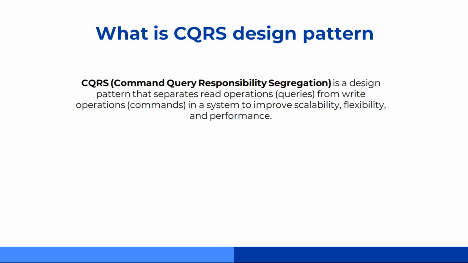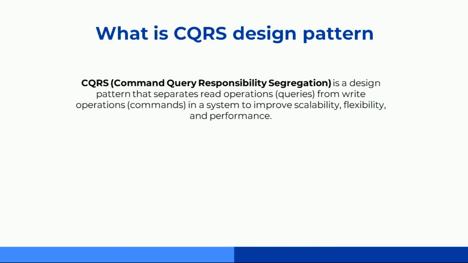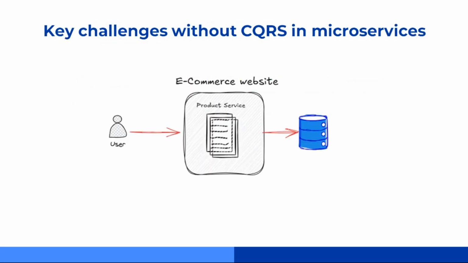And the benefit of that is this separation lets us optimize and scale each side independently. That means better performance and much clearer code, especially when we are dealing with complex or high traffic systems like microservices.